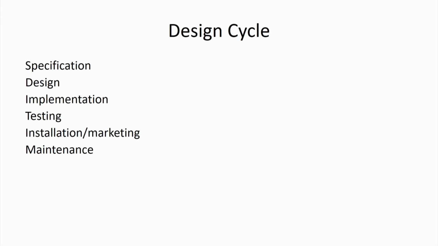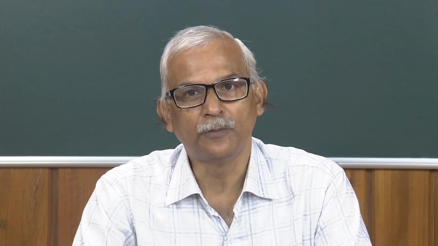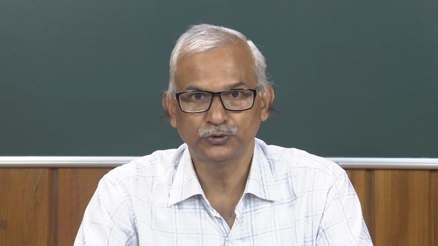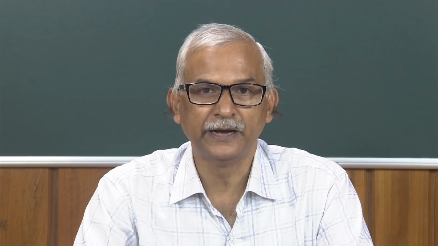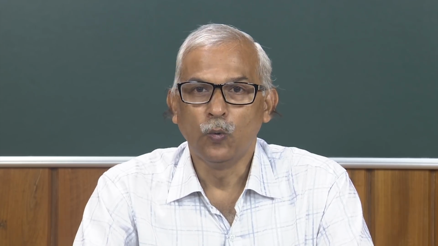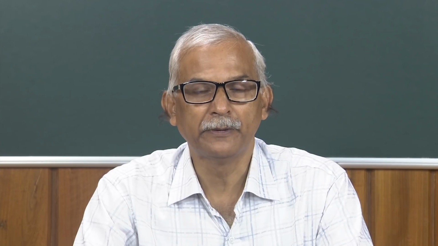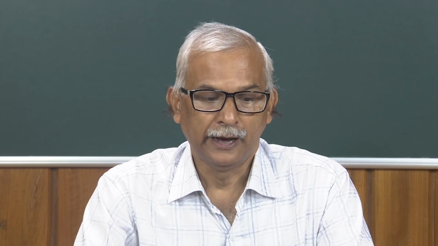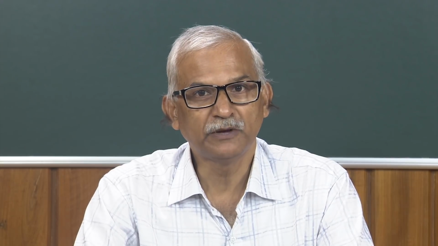Once the design is completed, we go for the implementation of the system. In an embedded system we have two components, hardware as well as software. We implement all the components, integrate them, and finally get the system. Once the system is ready, we go for testing, just to give you the assurance that whatever we have implemented is going to work correctly. Finally, there is installation and marketing, and later the maintenance phase and upgradation come into the picture. So, these are the basic design cycle steps.